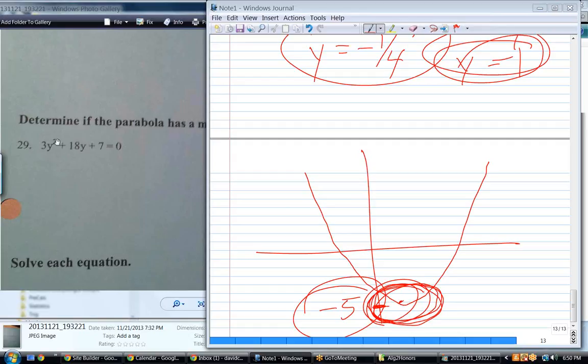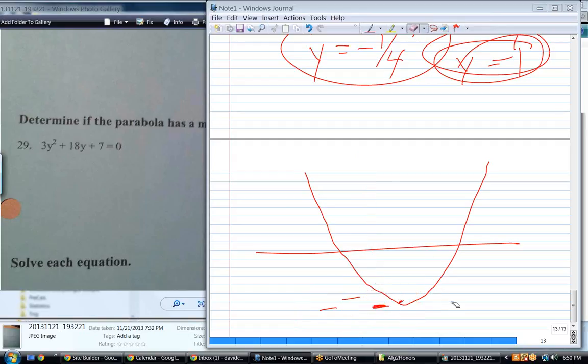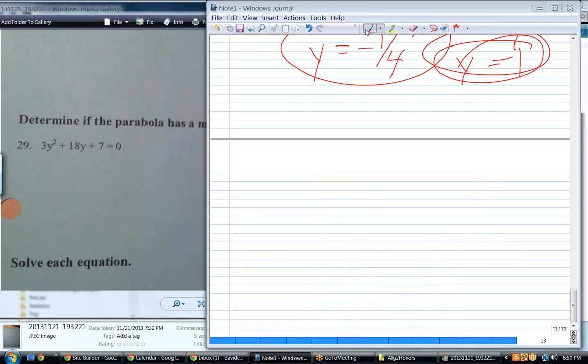So if I was given that quadratic on 29 and wanted to know the min and max, what's the easiest way, the min or max? It looks like it opens up, so they're going to want to know the minimum. It's the easiest way to get it. Probably just completing the square so you can find the vertex.